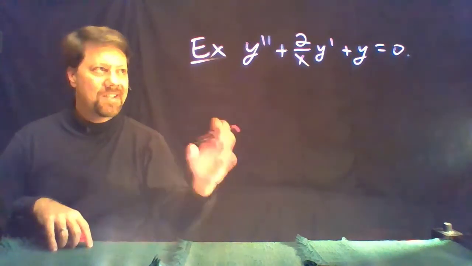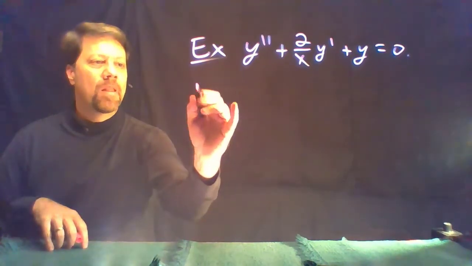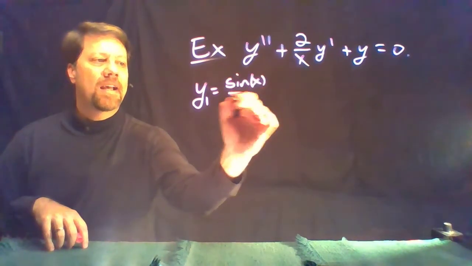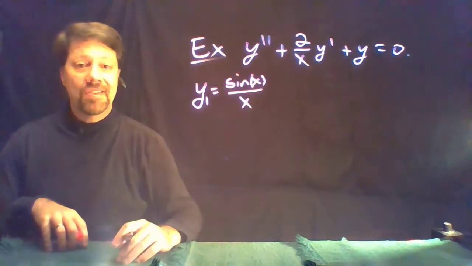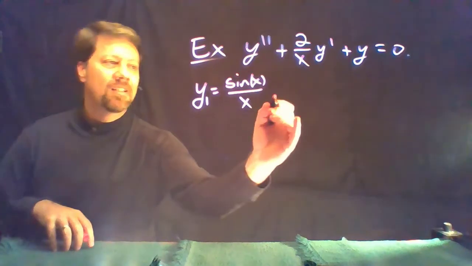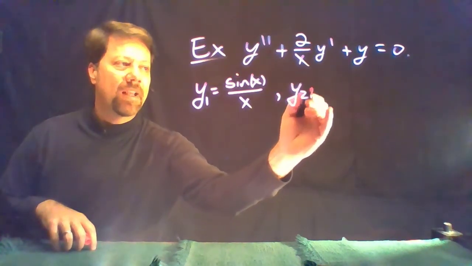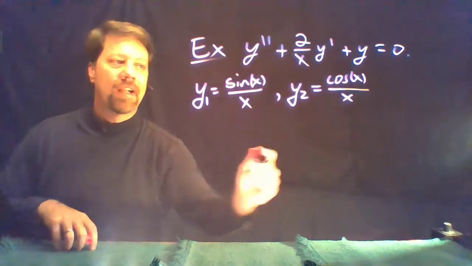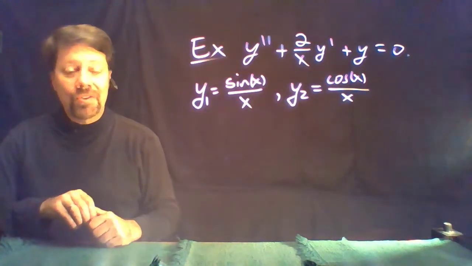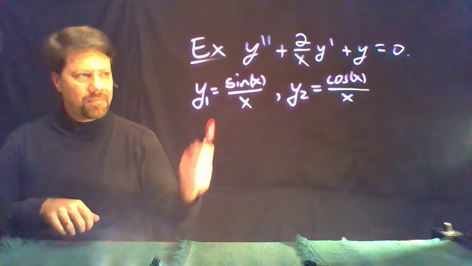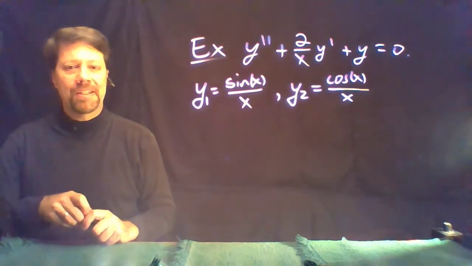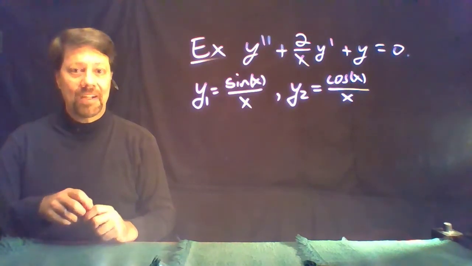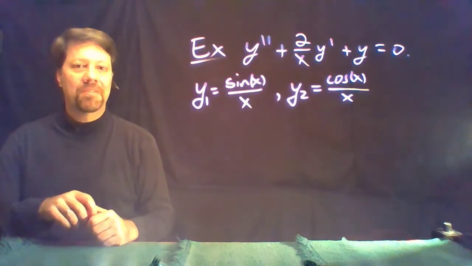Now, why is this example still up? We said that sine x over x is a solution, but in the same way you can easily show that cosine x over x is also a solution. Here we have two independent solutions to the same second-order linear differential equation.